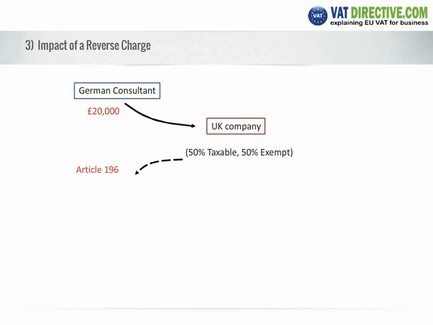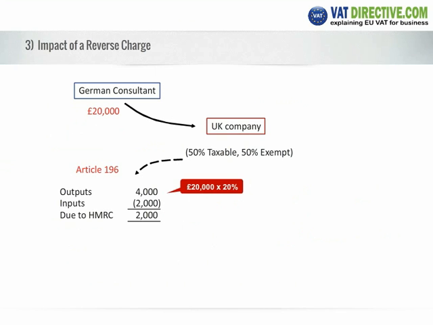When the UK company buys in services from a German consultant, they are triggering an Article 196 reverse charge. That means the UK company must account for output tax of £4,000. That's £20,000 times the UK VAT rate of 20%. They would then recover half that, so 50% recovery, so £2,000.